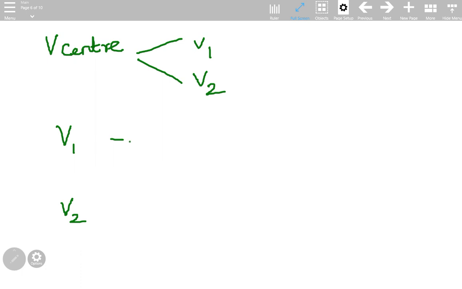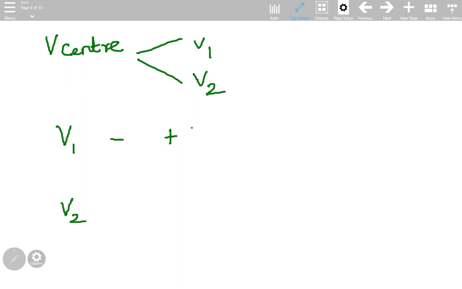So V1 is, as I said, a kind of F center, but for the positive side. That is, there is one vacant site where a hole has to come.